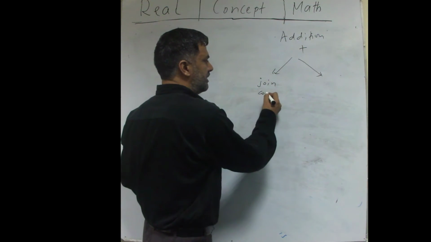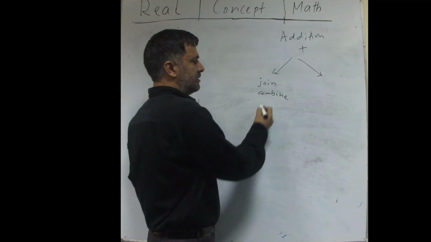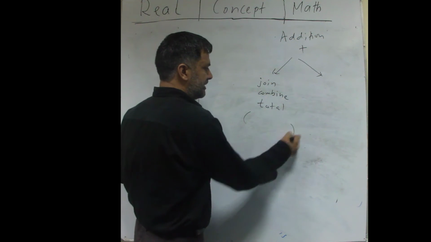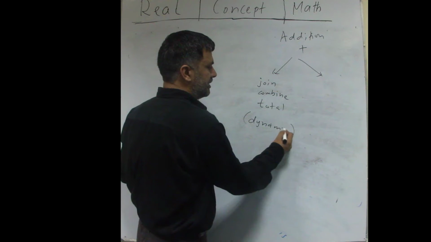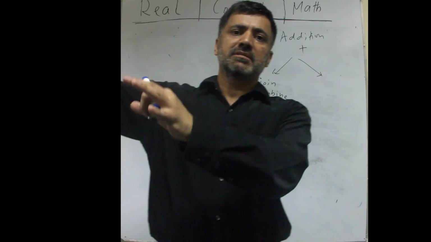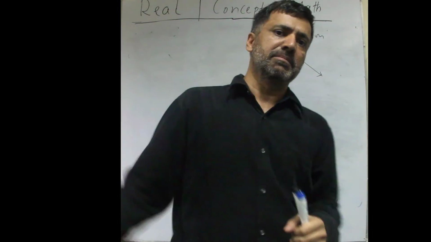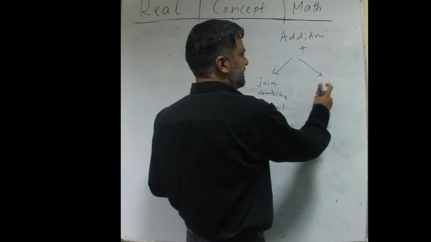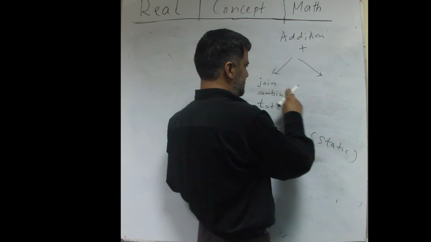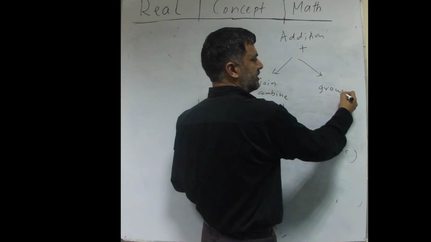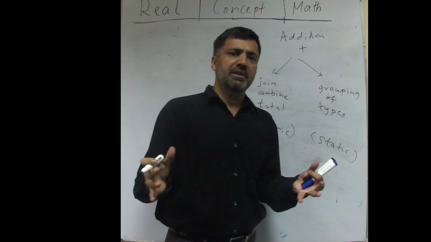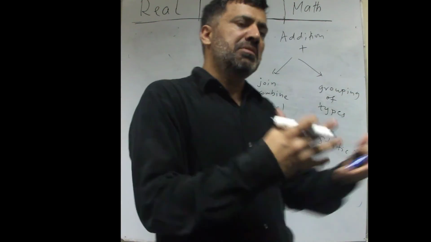You can also say combine, total, whatever you use. And this is the dynamic interpretation, joining, like 3 birds joining 4 birds already sitting on a tree branch. And the other interpretation is the static interpretation. That is not joining, that is just grouping of types. You have a collection which has 2 types and you just want to know the total.